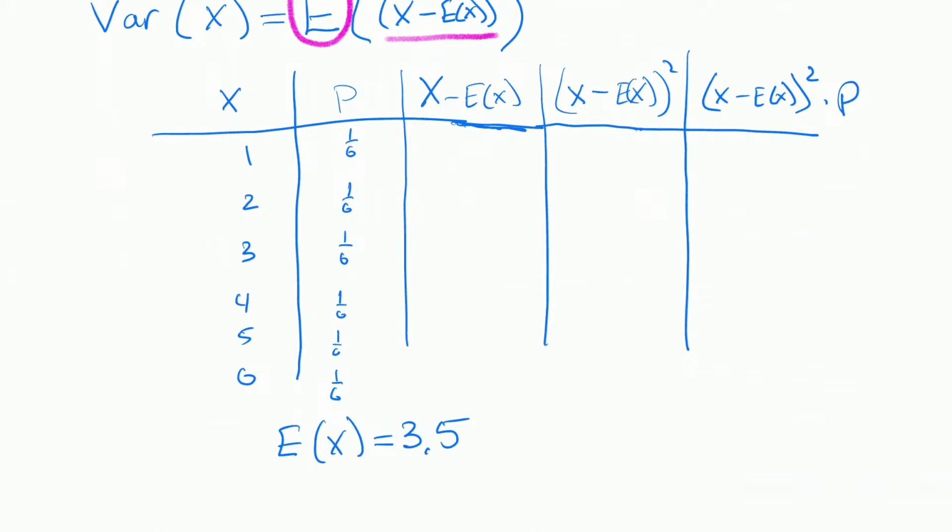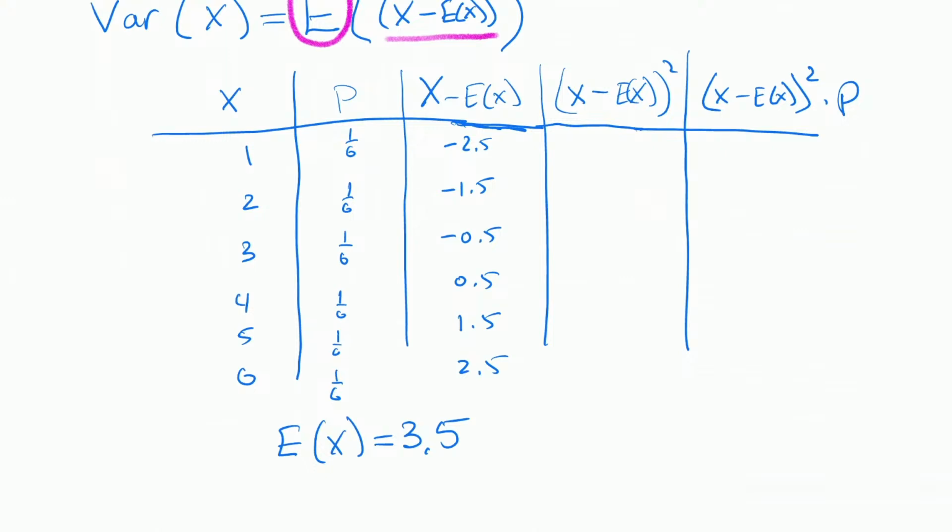Okay, x minus the average is going to be negative 2.5, negative 1.5, negative 0.5, 0.5, 1.5, and 2.5. So this column is just each of these numbers minus the mean. Okay, next we're going to square that number.